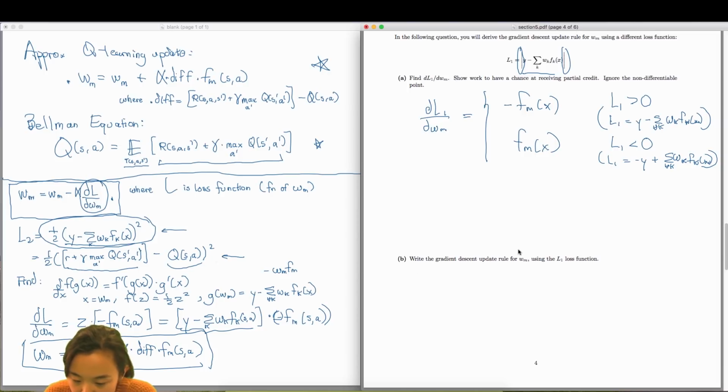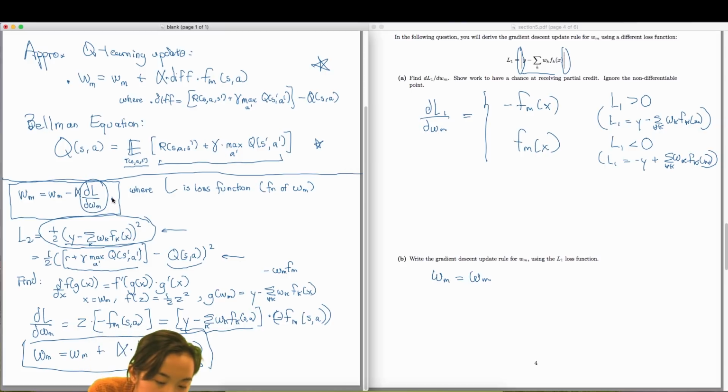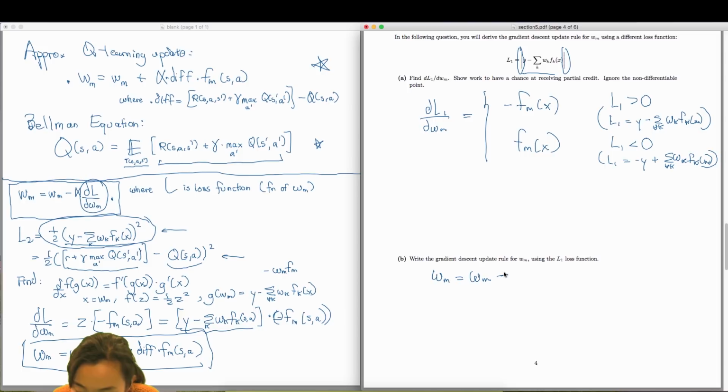So in part B, we want to write the gradient descent update rule for Wm. So recall that this update rule is just this, essentially. So the new value of this weight is going to be equal to the old value minus some learning rate, a scalar, times the gradient of our L1 loss function with respect to the mth weight.